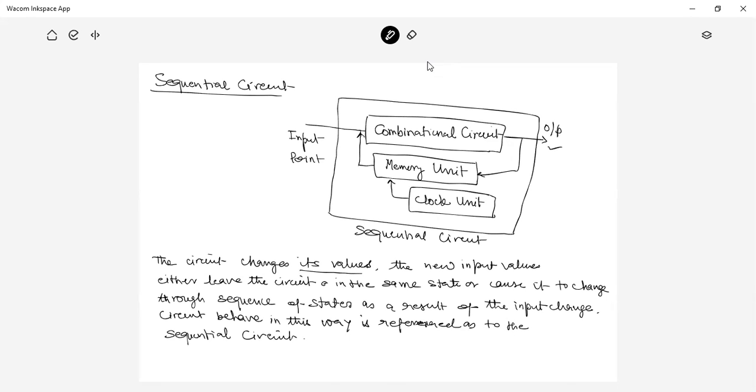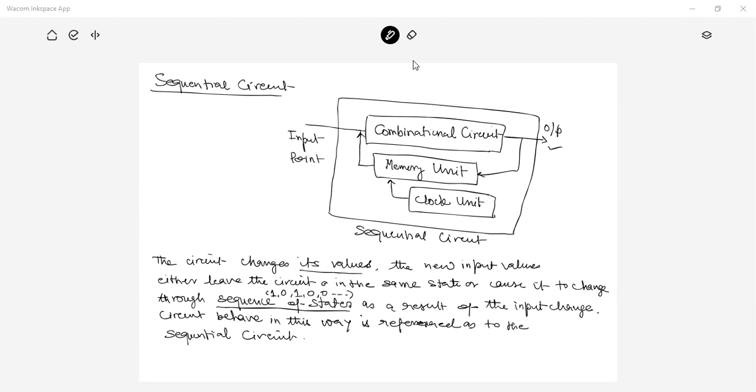The new input values either leave the circuit in the same state or cause it to change through the sequence of states. This is a sequence of states, because sequence of states means either it is 1 or 0 or 1 or 0 or 0, something like this.